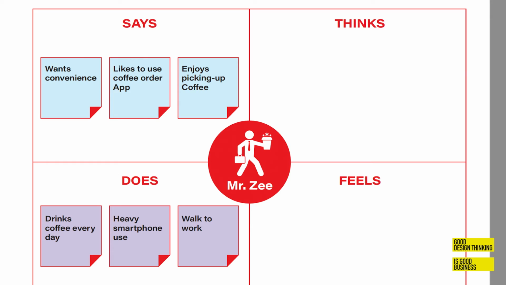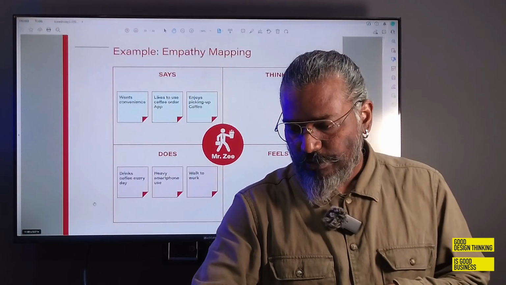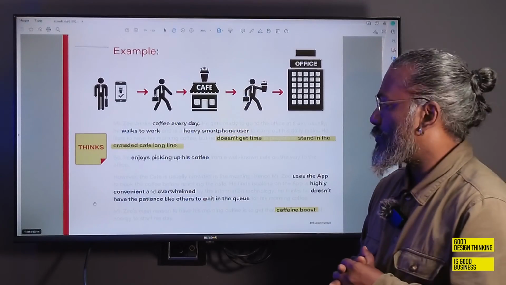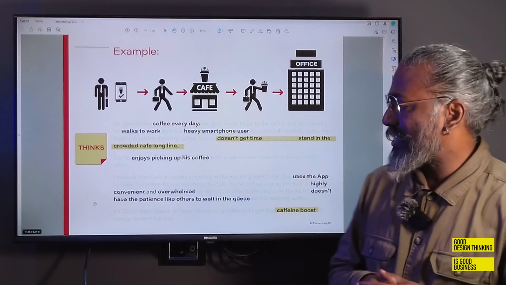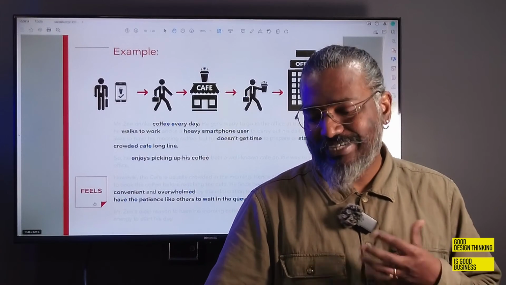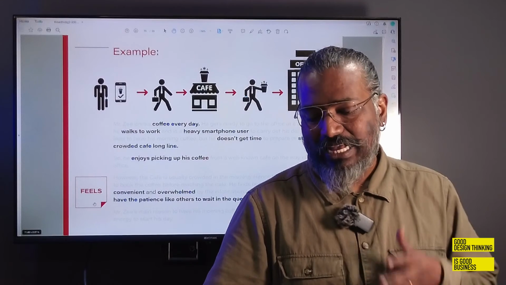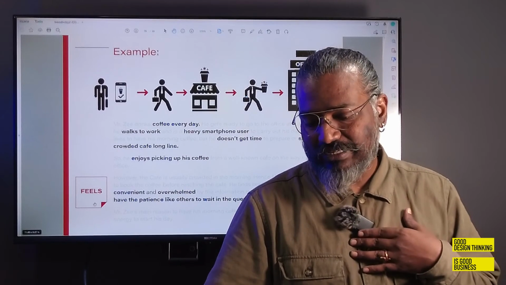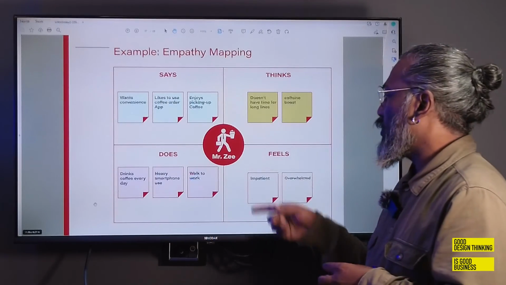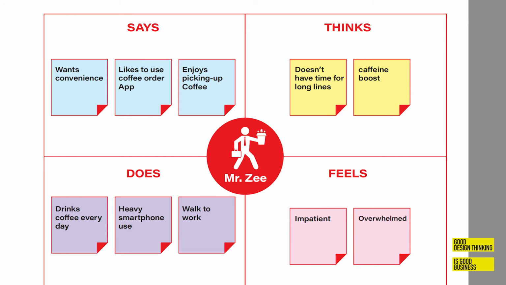Enjoys picking up my coffee, I don't mind picking up a coffee. Next, think: doesn't get time to prepare the coffee or stand in the crowded cafe long time. What he feels? He feels overwhelmed by the technology, how it is helping, and he feels he doesn't have the patience, he's impatient. So you see certain feelings, certain thoughts, what he says and what he does.